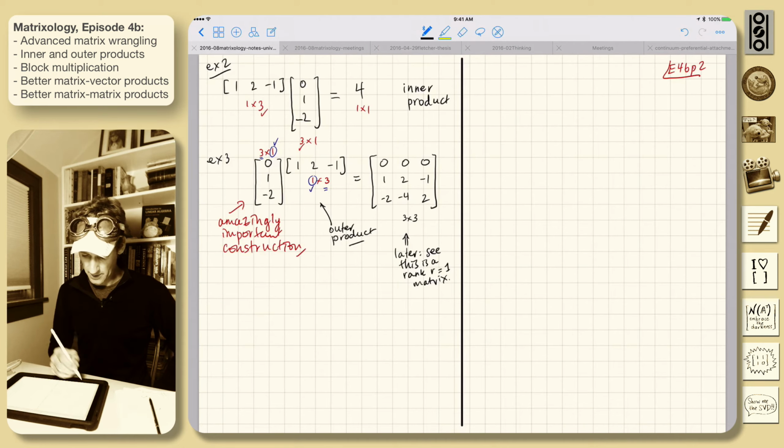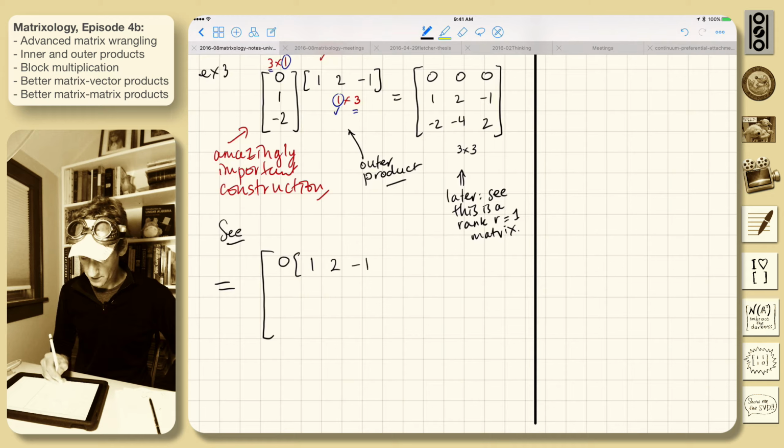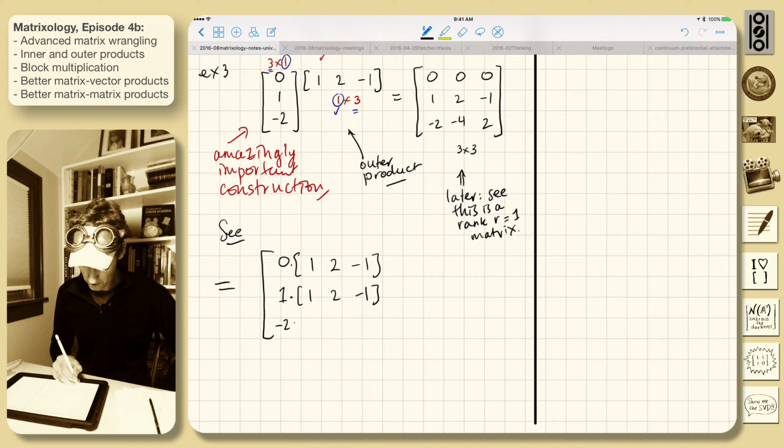Okay. So let me just write out what I said. All of this is equal to 0 times 1, 2, minus 1, then 1 times 1, 2, minus 1, then minus 2 times 1, 2, minus 1. We can put matrices within matrices. It's inception.